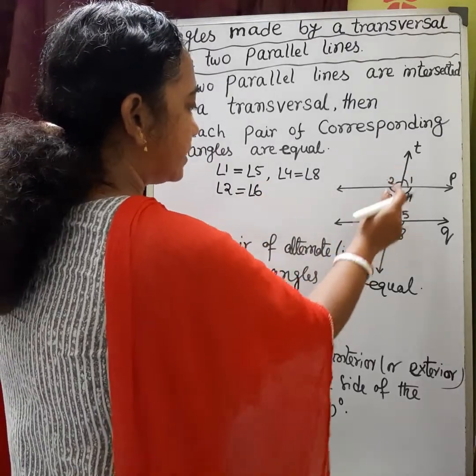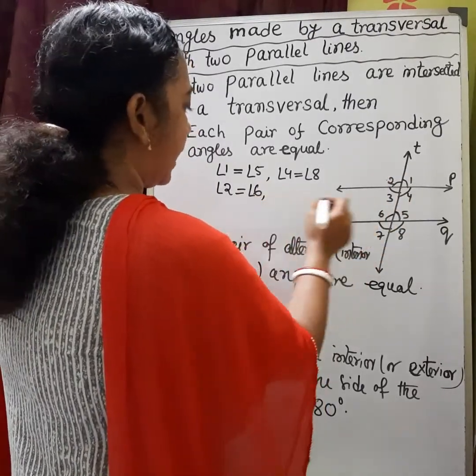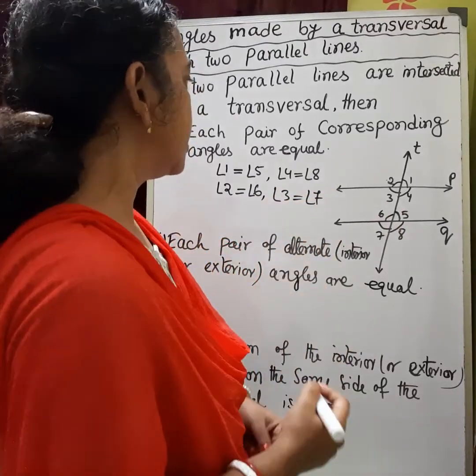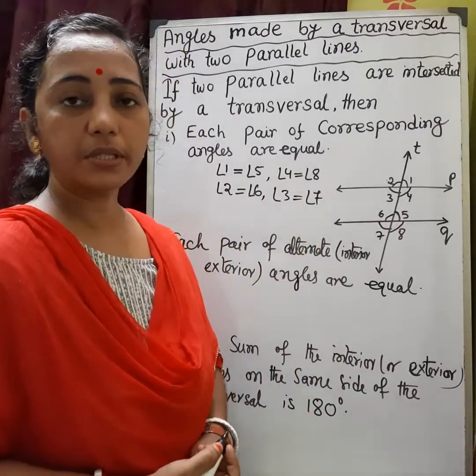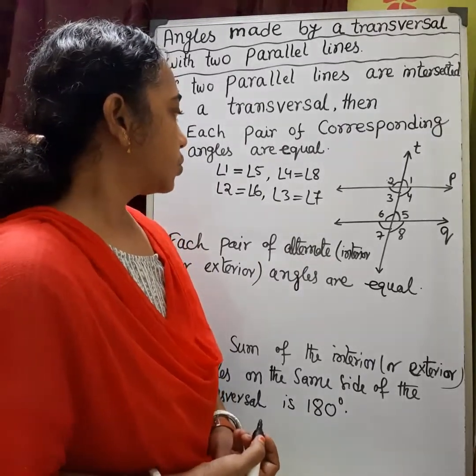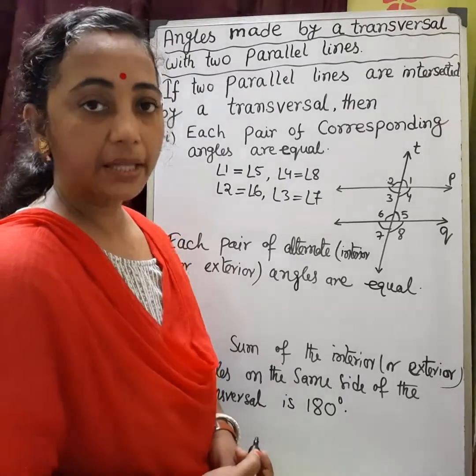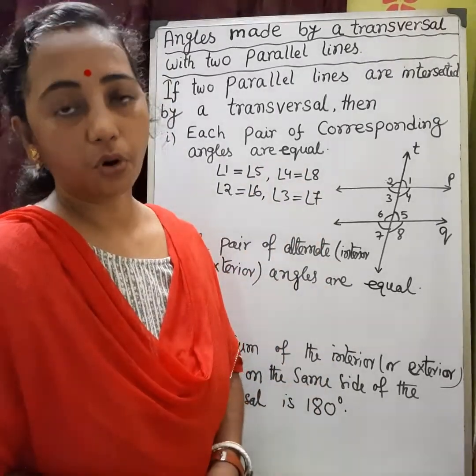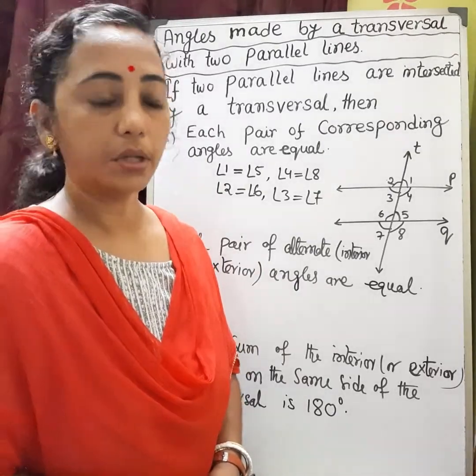Both are above the lines. Now angle 3 is equal to angle 7. So each pair of corresponding angles are equal. Total how many pairs of corresponding angles are we getting? 1, 2, 3, 4. So 4 pairs of corresponding angles are equal.